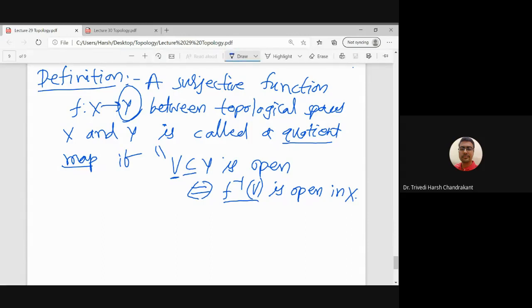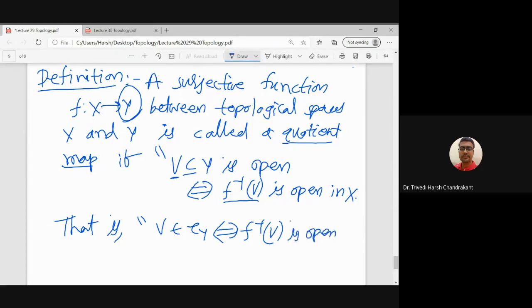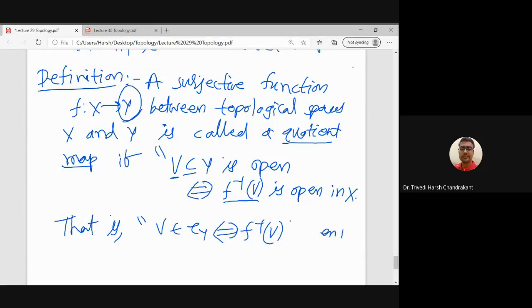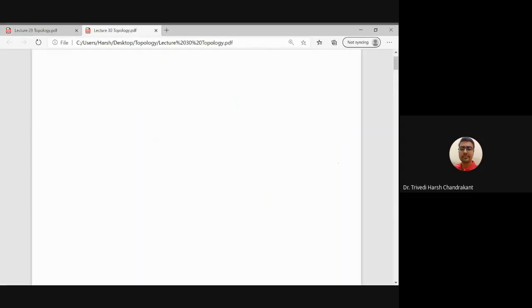What this says in simple words is that if on the space Y I have a topology tau Y, then V belongs to tau Y if and only if f inverse V is open in X, that means f inverse V belongs to tau X. So if you recall, this is the meaning of a quotient map. So let's start today's lecture with this.